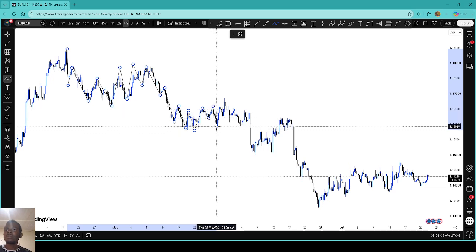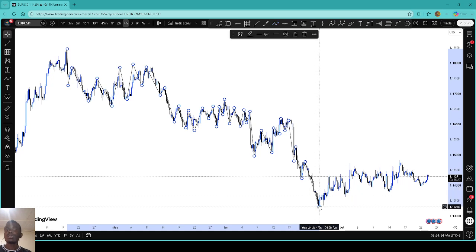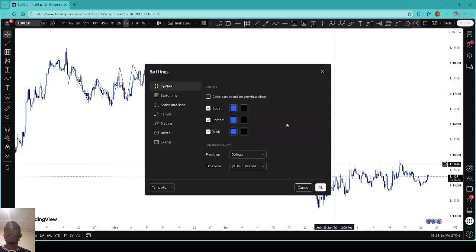Then here, I'll take everything so that you can see very clearly that price does not move in an actual straight line. In this manner, you can see that price just moves. Let's end it from there.